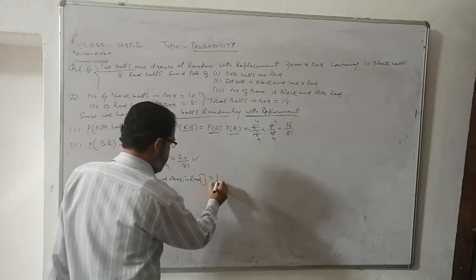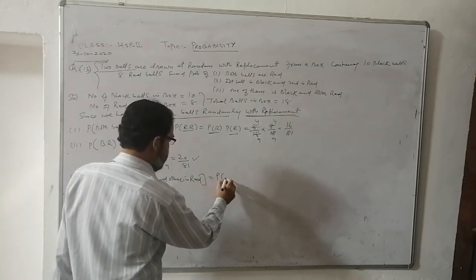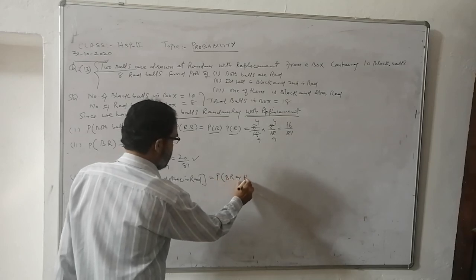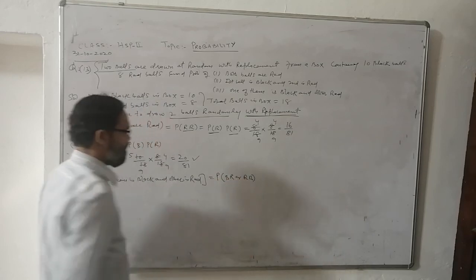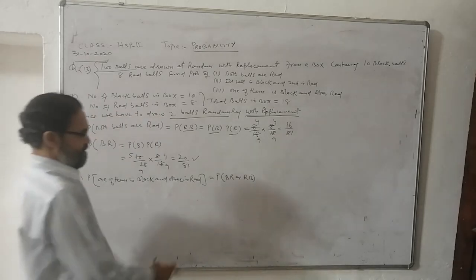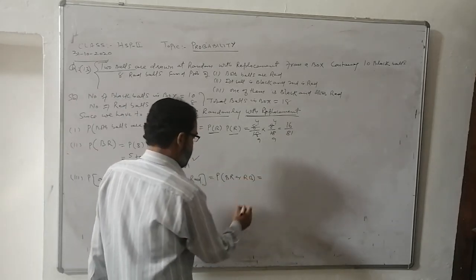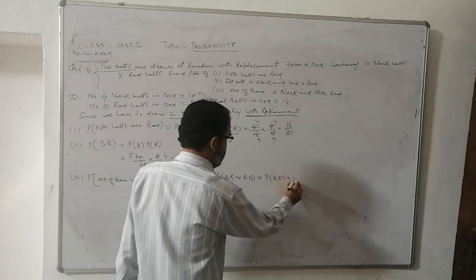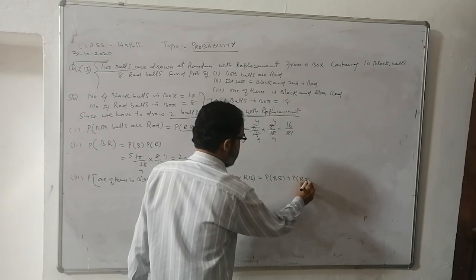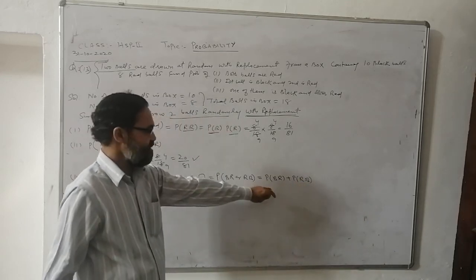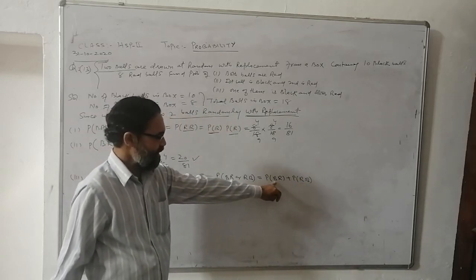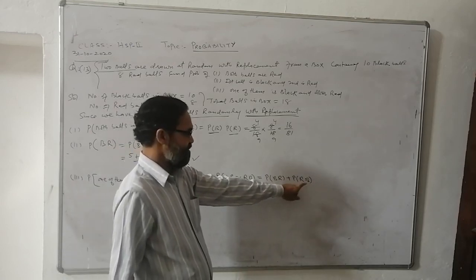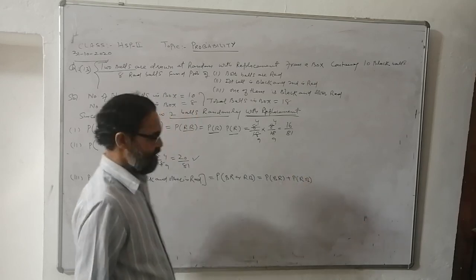So in this case, the probability that one of them is black and the other is red can be written as probability of BR plus probability of RB. The first probability is one is a black ball and the other is a red ball. The second probability says one is red and the other is black.